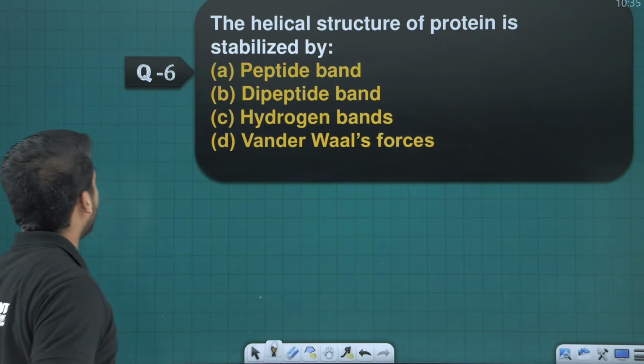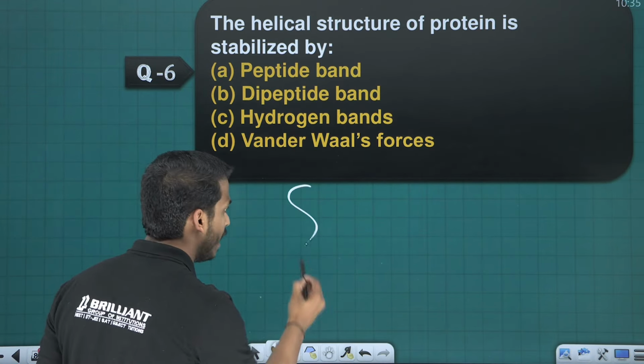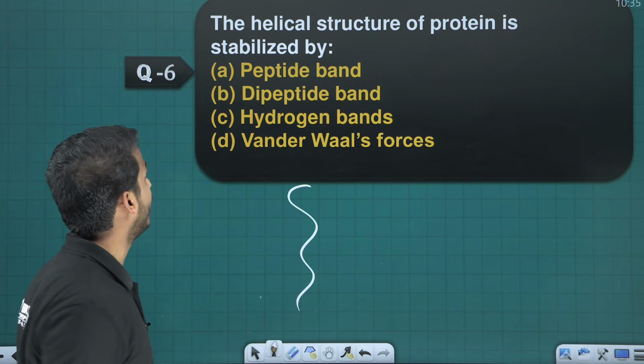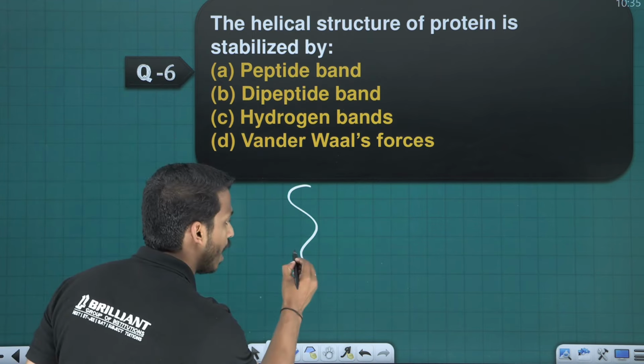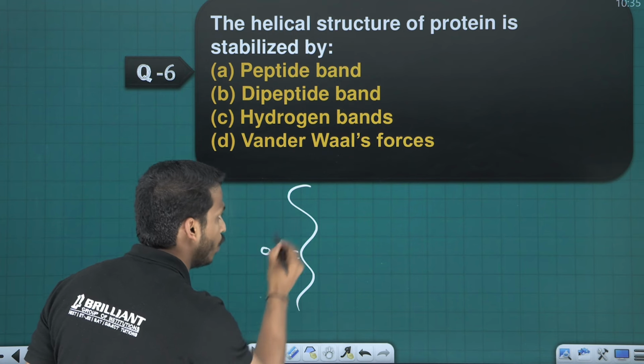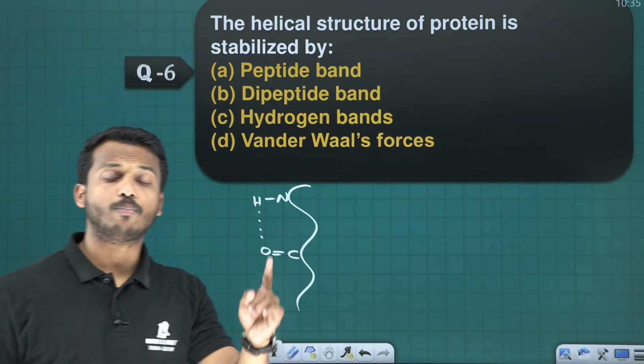Be careful. Question number 6, the helical structure of protein is stabilized by which one? Hydrogen bond. We studied in alpha helix, one turn CO group, adjacent turn NH group, having which bond? Hydrogen bond. Remember all?